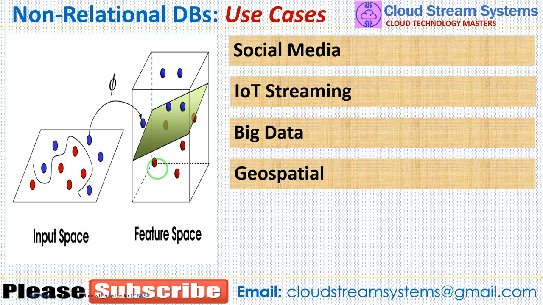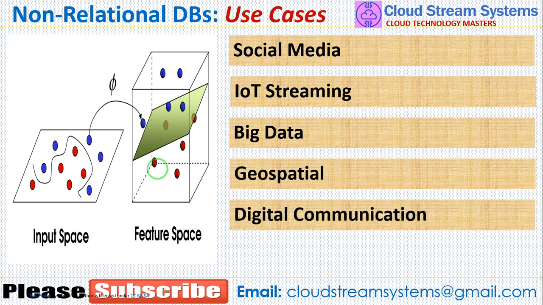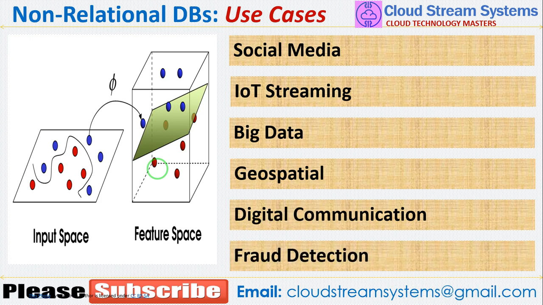If you think about Uber, even Lyft, Ola, these are various car sharing transportation services. There also NoSQL databases are used, as well as digital communications and the gaming domain. Here also NoSQL databases are used, even for fraud detection.